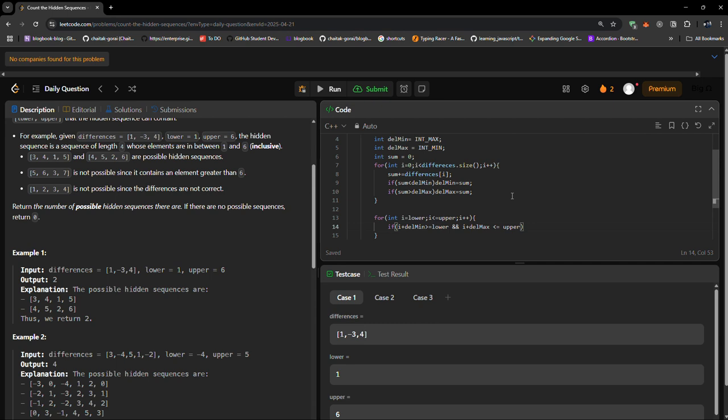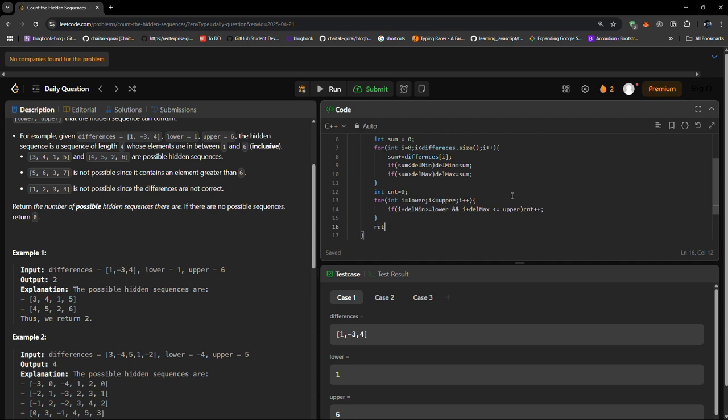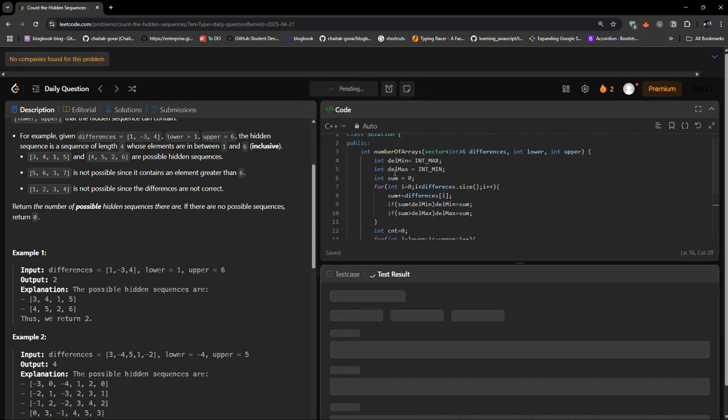If we get this, then we increment our counter. So let's add a counter variable, int counter equals 0, which will give the number of possible sequences. We just return the counter, right?